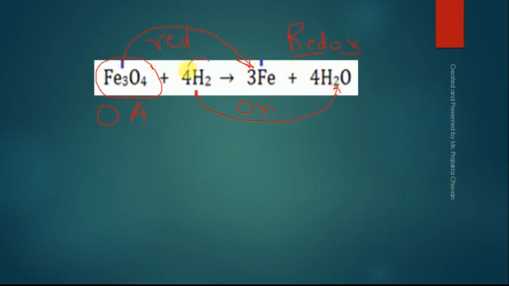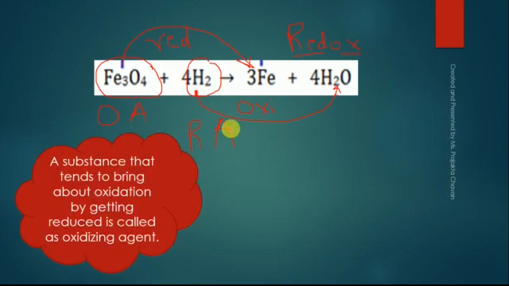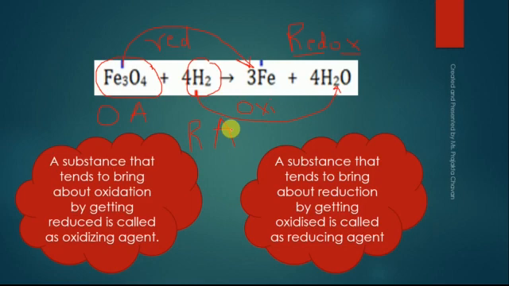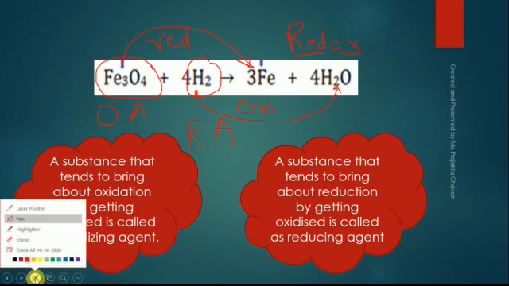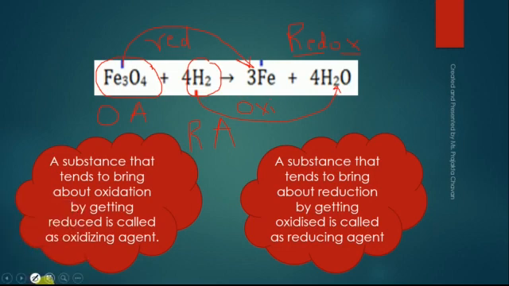So the substances that get oxidized are called reducing agents. So a substance that tends to bring about oxidation by getting reduced is called an oxidizing agent, and a substance that tends to bring about reduction by getting oxidized is called a reducing agent.